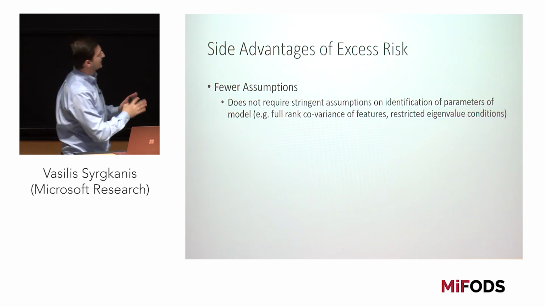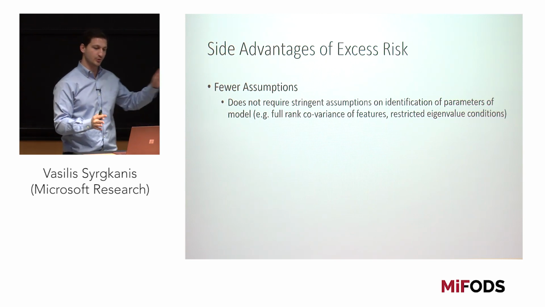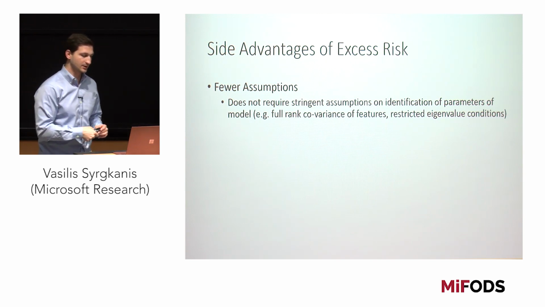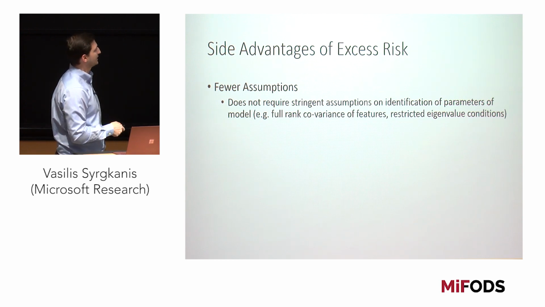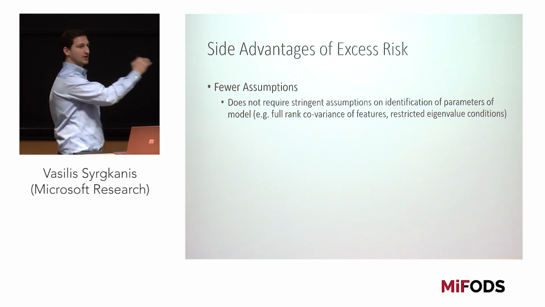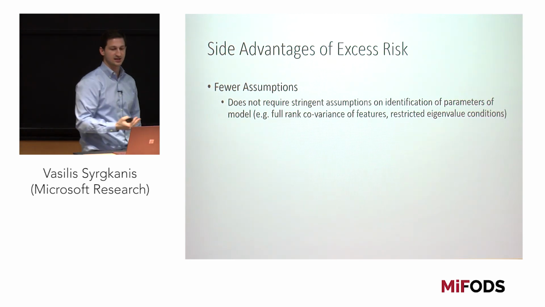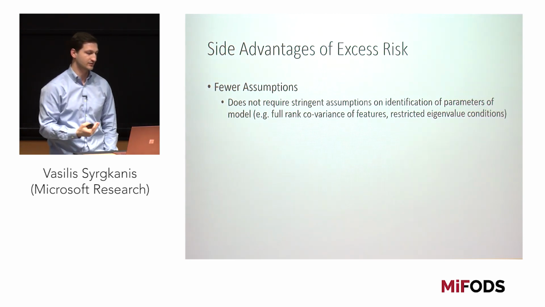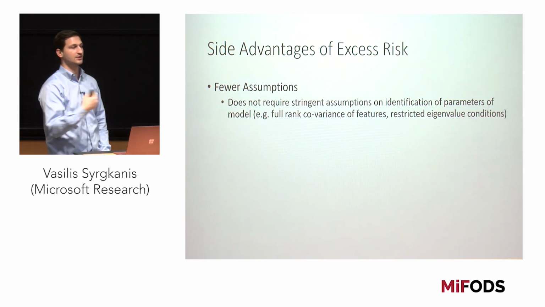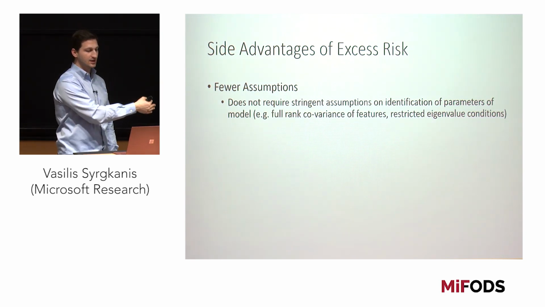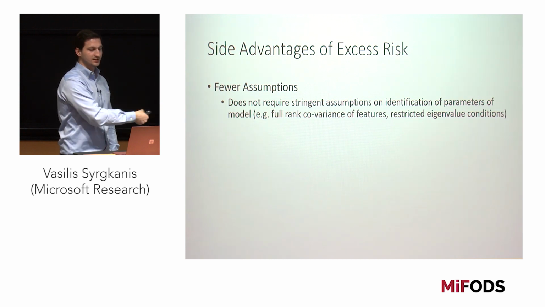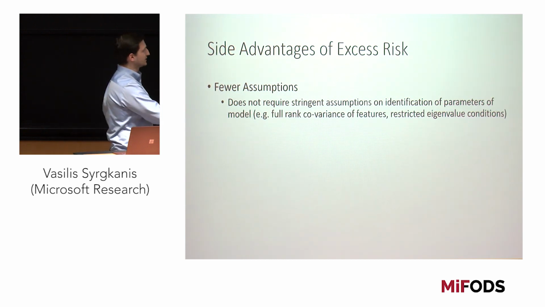The other side advantage of focusing on excess risk, as opposed to other quantities that people look at in causal inference and econometrics, is that by focusing on excess risk we do not require several stringent assumptions on identification of parameters of the model. For instance, if you're trying to estimate a model of heterogeneity that is a sparse linear function, and you want parameter recovery, you might need to assume some form of restricted eigenvalue condition.